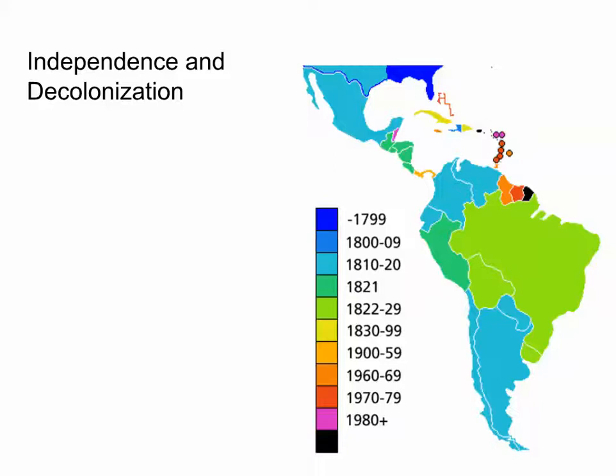We also see, though, this difference there, and we'll get to this later on, is this idea of this early transformation in Latin America from colonies to an independent landscape. North America, obviously we know the history of the United States and its independence, but a similar transformation occurred in South America, in which these large swaths of land became independent relatively early on. Virtually all of South America became independent by the 1820s.